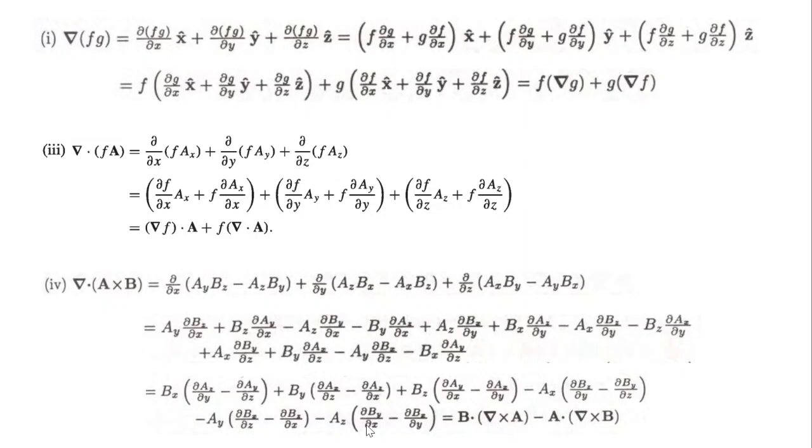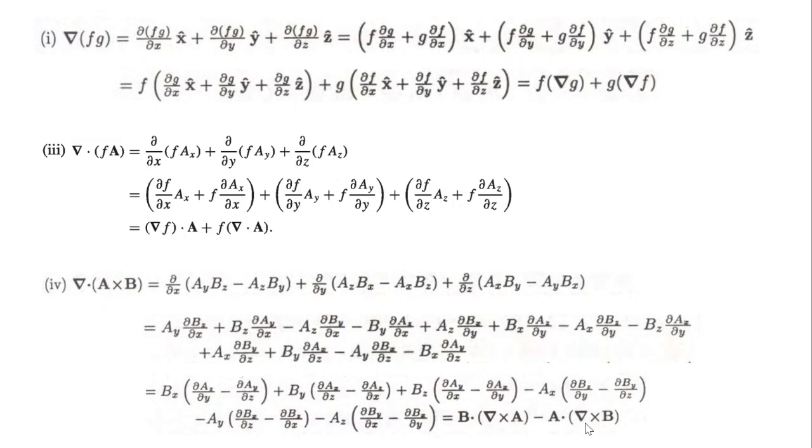Similarly, take the last three terms. The terms inside the brackets are the x component of curl of b, y component of curl of b, z component of curl of b. So this is a dot curl of b. So divergence of a cross b equal to b dot curl of a minus a dot curl of b.